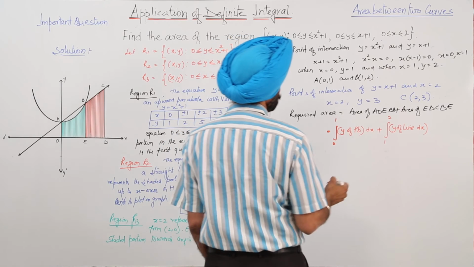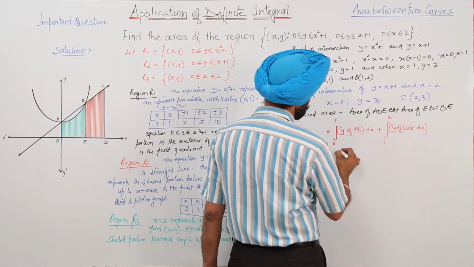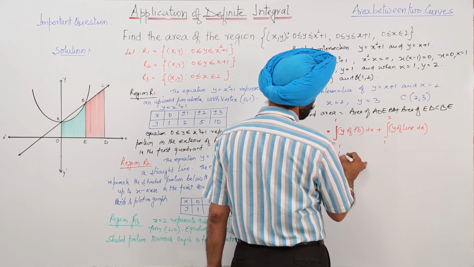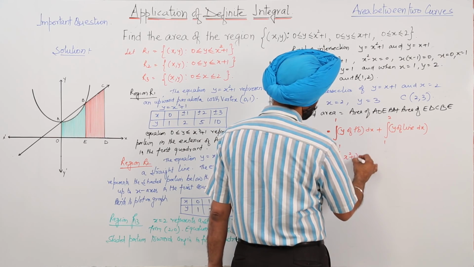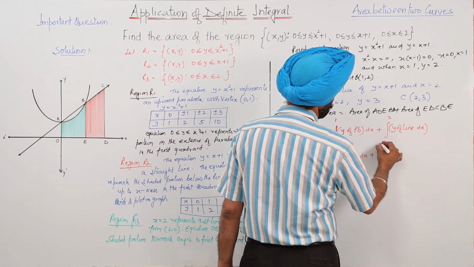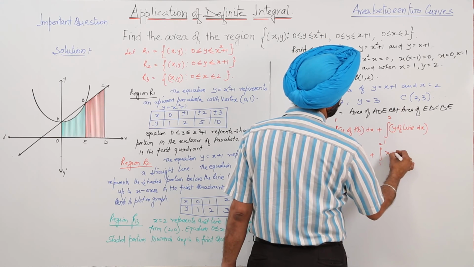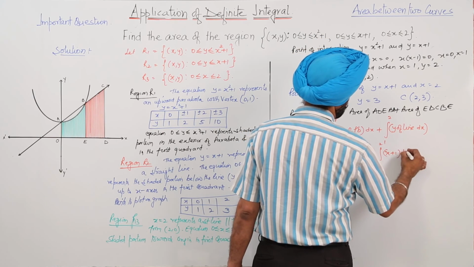Okay. So what we are having now, the integral from 0 to 1 of (x² + 1) dx plus the integral from 1 to 2 of (x + 1) dx.